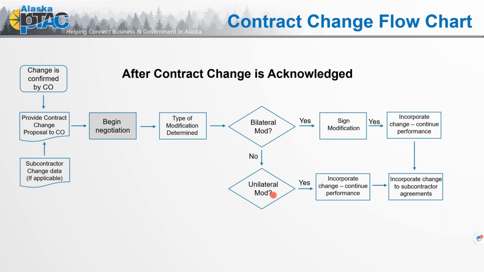And you have that in writing. Maybe if that paint was called out in the solicitation, that mod is then made, and it's not going to require a signature of both parties. Again, that mod is issued to you, it's incorporated, continue performance, and either way you incorporate change to subcontractor agreements if it's applicable, so if it impacts subcontractor work.